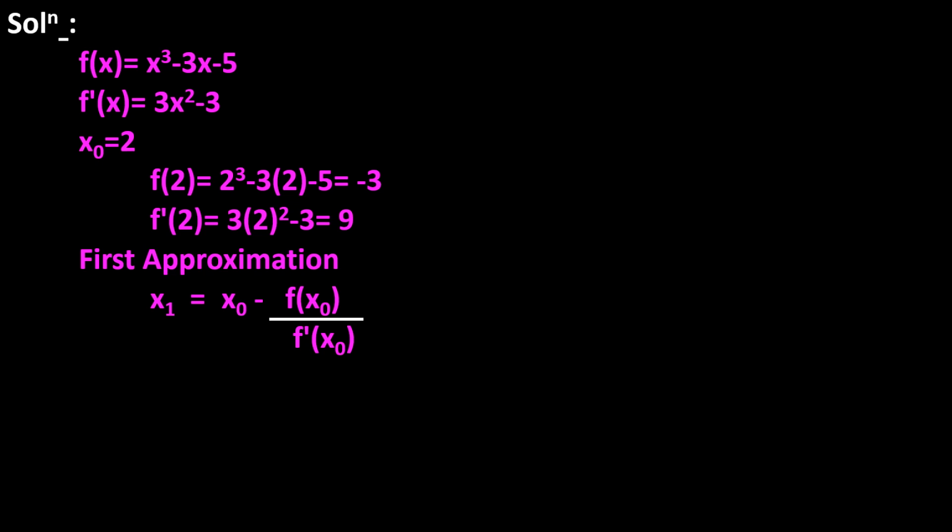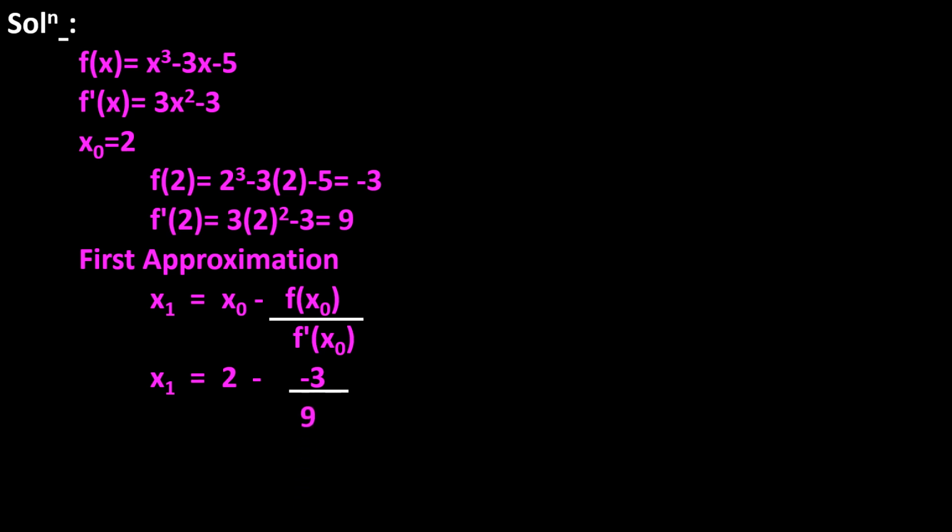So we can write x1 is equal to 2 minus, f of x naught is minus 3, therefore minus 3 divided by f dash of 2, which is 9.